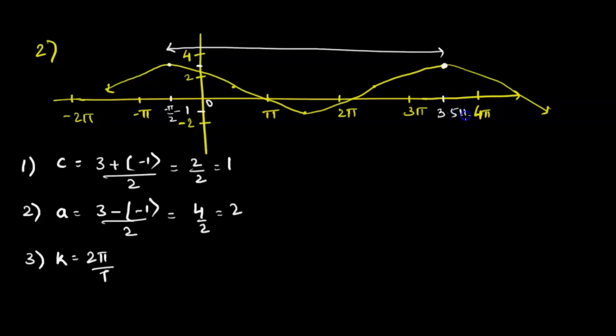So it is 3.5 pi. So we can say this is negative 0.5 pi and this is 3.5 pi. Distance from negative 0.5 pi to 3.5 pi is 3.5 pi plus 0.5 pi. So this total distance is going to be 4 pi. Therefore, the time period is going to be 4 pi. Pi gets cancelled. We are left with 1 over 2. And that's the k value.